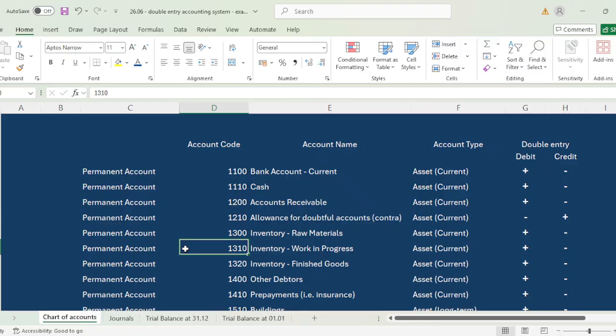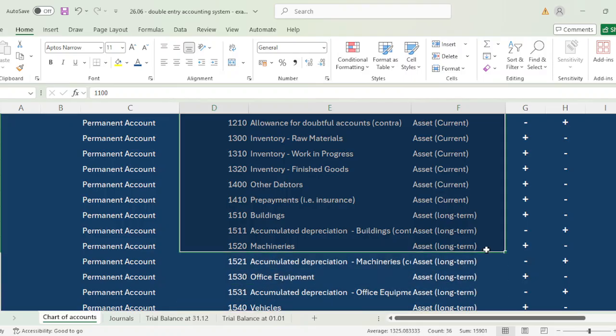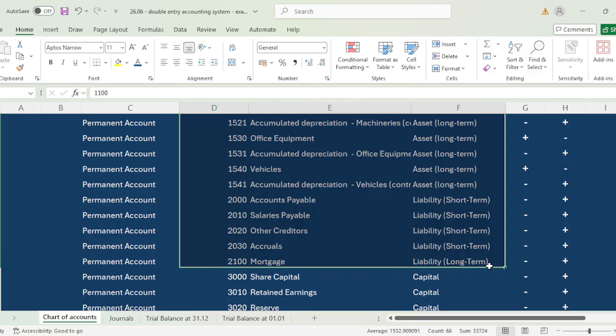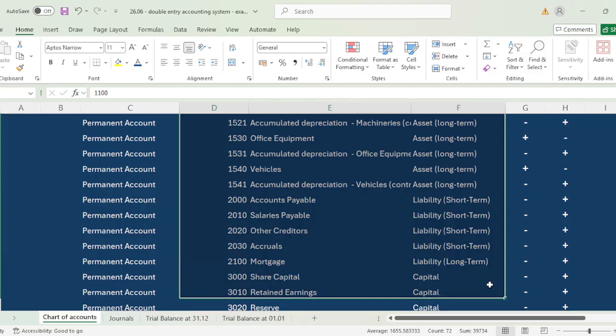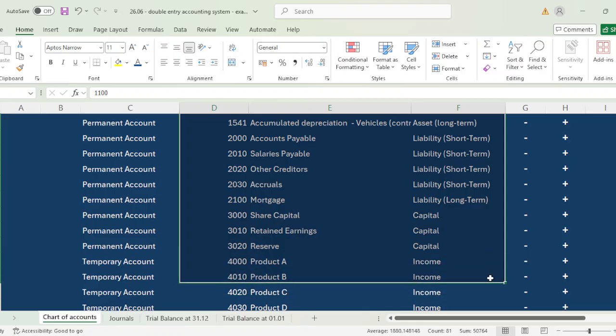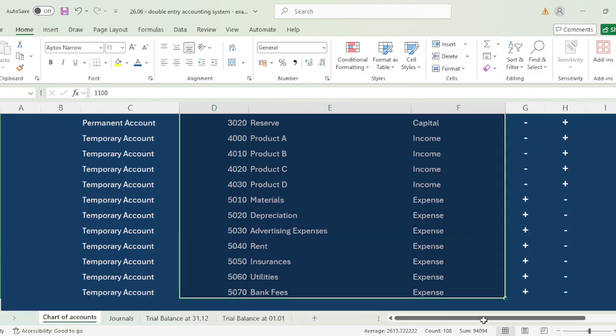And for this reason, almost all charts of accounts start with the number 1 that identifies the GL codes that are going through the assets, the number 2 that are the GL codes that are going through the liabilities, the number 3 the GL codes that are going through the capital, the number 4 are the GL codes for the income, the number 5 are the GL codes for the expense.